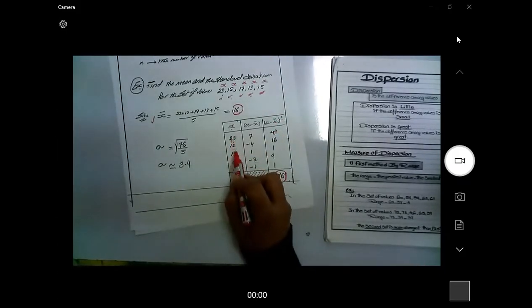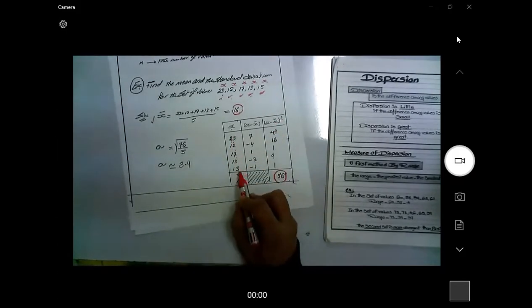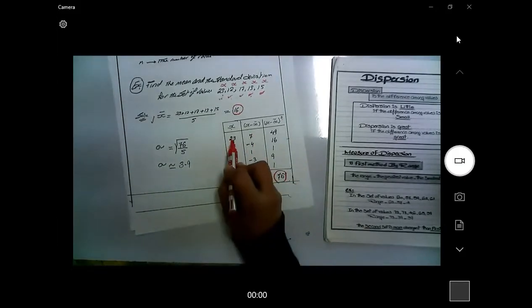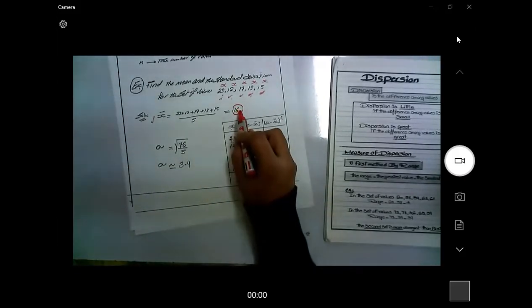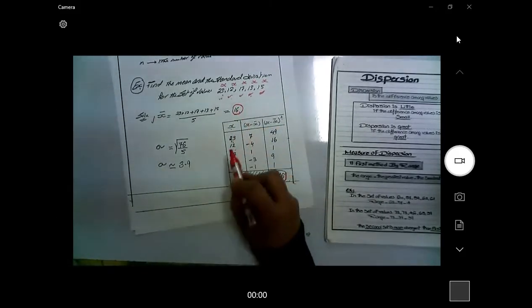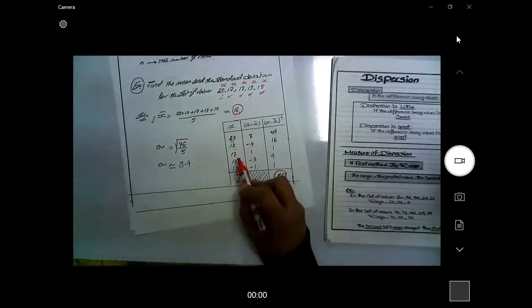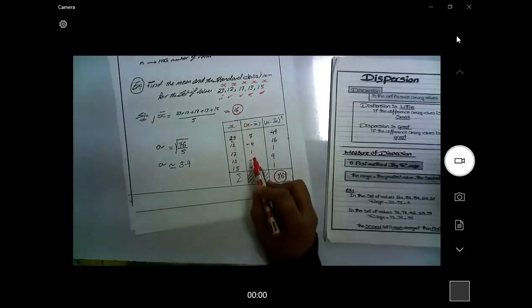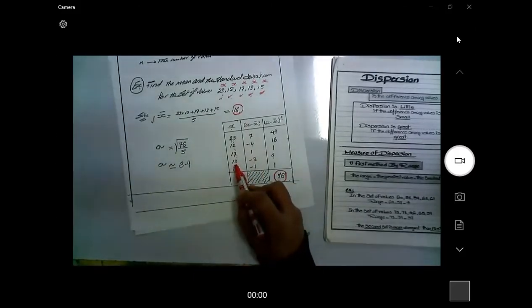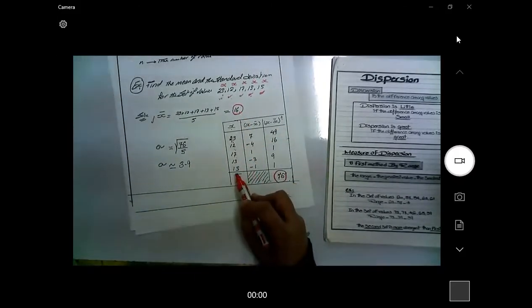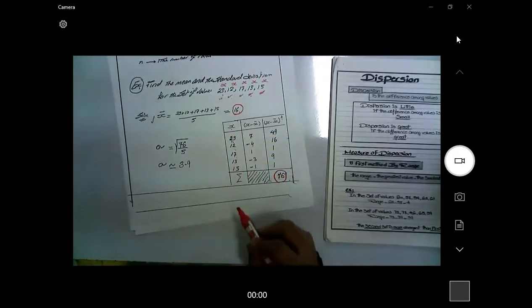X: 23, 12, 17, 13, 15. X minus x dash: 23 minus 16 is 7. 12 minus 16 is negative 4. 17 minus 16 is 1. 13 minus 16 is negative 3. 15 minus 16 is negative 1.